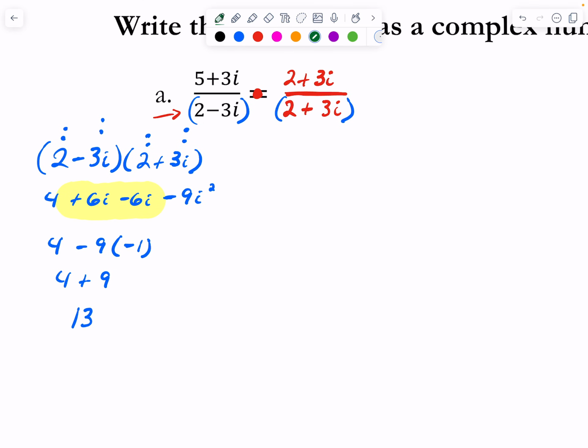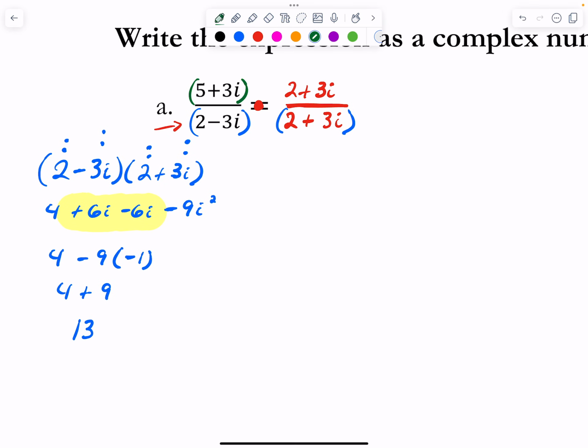Okay, let's multiply the stuff on top. So these two up here, so that's 5 plus 3i times 2 plus 3i. Now this one I'm not expecting to get rid of my imaginary piece, right? When I'm doing my denominators, I know I'm going to get rid of my imaginary piece, but here I'm probably not going to.